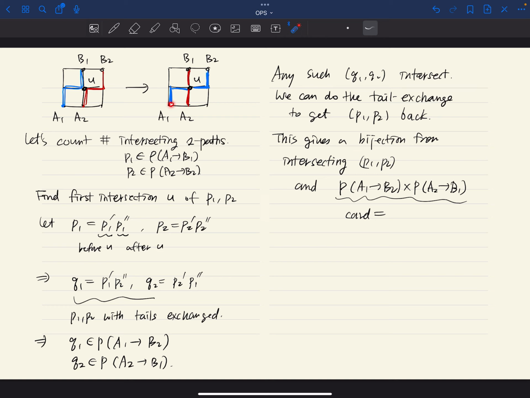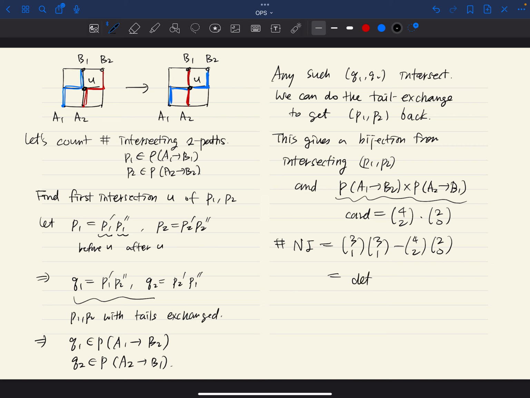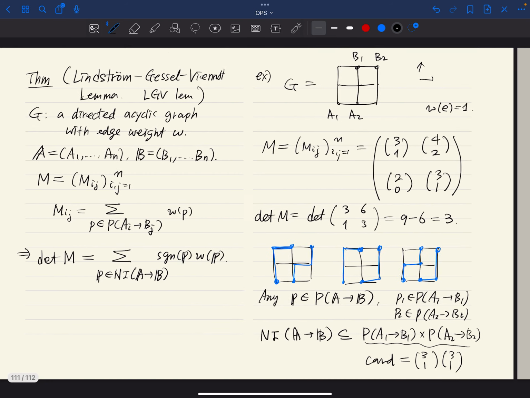A1 goes to B2, so this is going to be 4 choose 2, and the other one is 2, 0. So the number of non-intersecting paths is this number minus this number. So 3 choose 1, 4 choose 2, 2 0. But if you think about it, this is exactly the determinant that we had before.